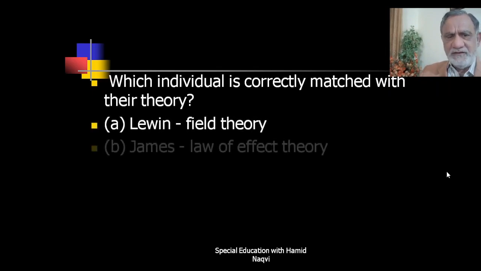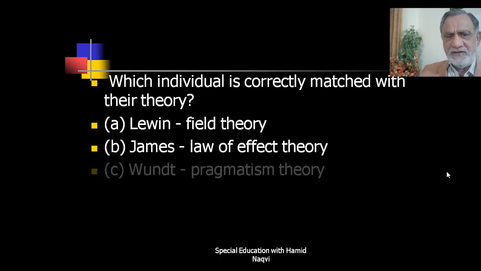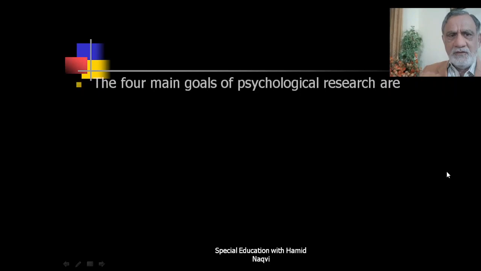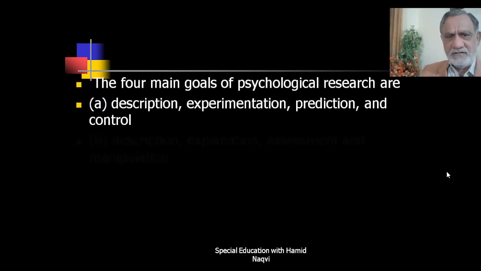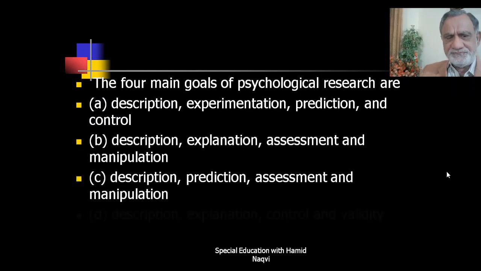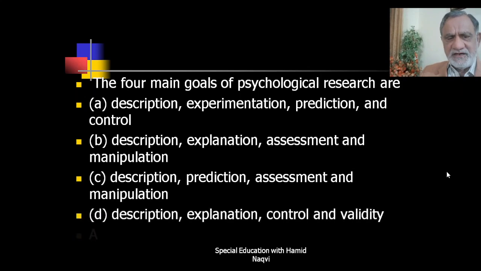Lewin, field theory; James, law of effect theory; Holmes, pragmatism theory; Freud, personal construct theory. The correct answer is A, that is Lewin, field theory. The 4 main goals of psychological research are: and the correct answer is A, that is description, experimentation, prediction, and control.